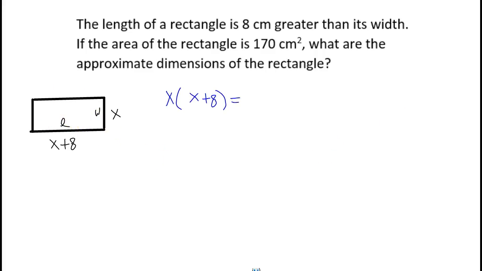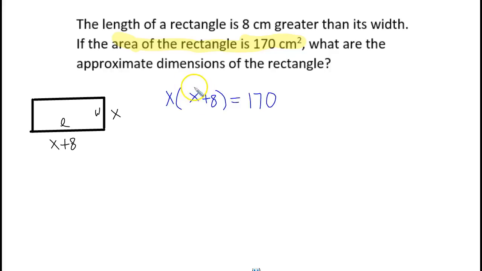And I happen to know the area of this rectangle. It's 170 centimeters squared. Let me say that again. Some x centimeters times some x plus 8 centimeters has to be equal to 170 centimeters squared.